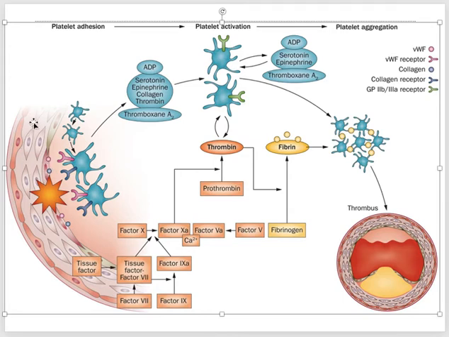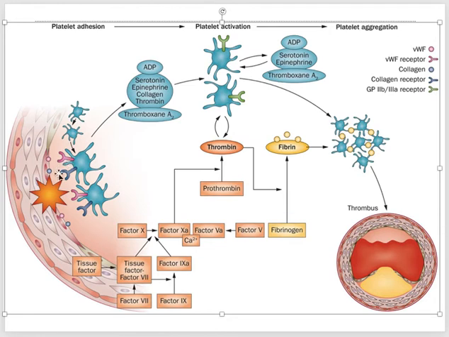This is the endothelial wall they are showing, endothelial cells, and here is the blood. So von Willebrand factor is going to release as well as the collagen, and the platelets are going to start attaching with von Willebrand factor.